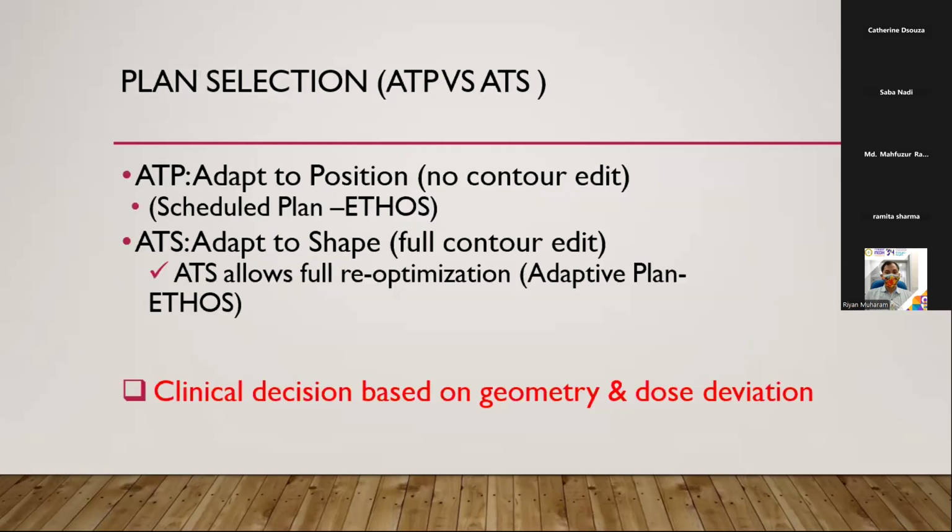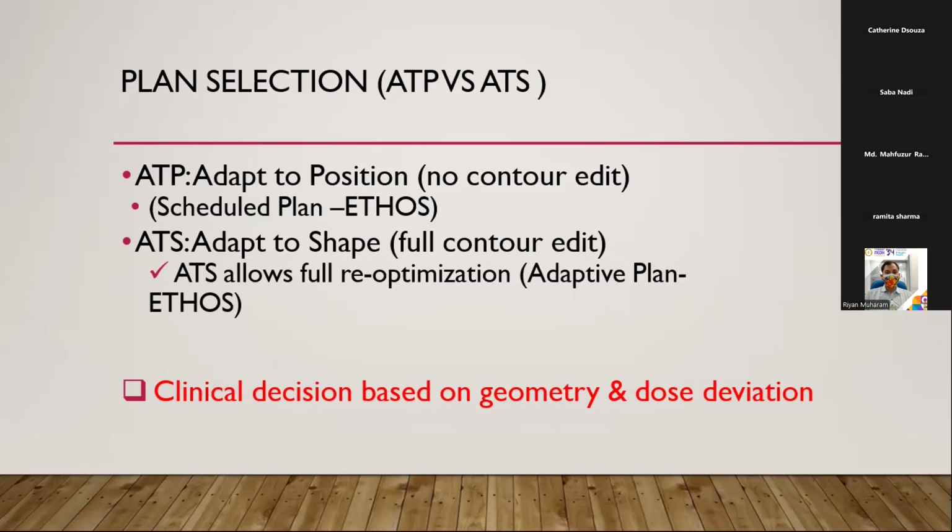Once it is done, the next step is plan selection, like ATP or ATS, what kind of plan will be done for that particular case. ATP is basically adapt to position, in which no contour edit was done. If the patient is not properly positioned, so basically the position has changed, the same reference plan will be applied and nothing else will be done. It is only with the position that the plan will be adapted.